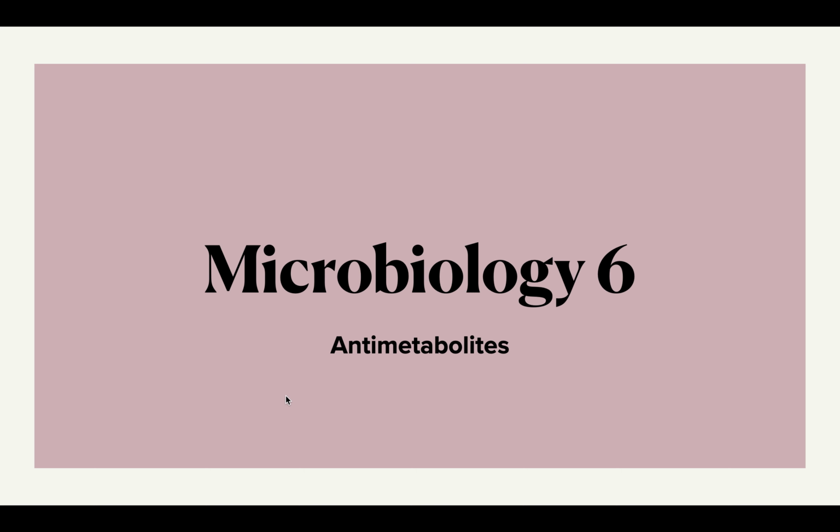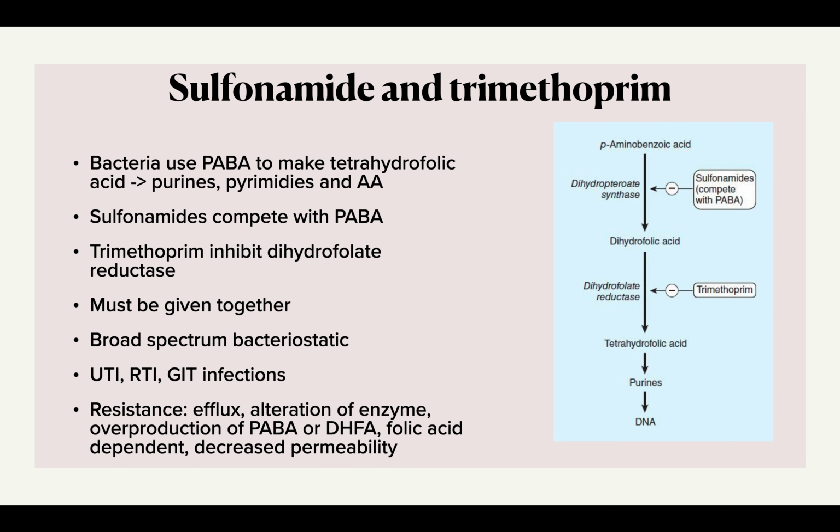We're going to go through the continuation of antibiotics, and this is going to be focusing on antimetabolites. So sulfonamides and trimethoprim are going to compete with either PABA or dihydrofolate reductase, and all of this is just to prevent making the tetrahydrofolate, which is the precursor to the purines, and of course purines make the DNA.